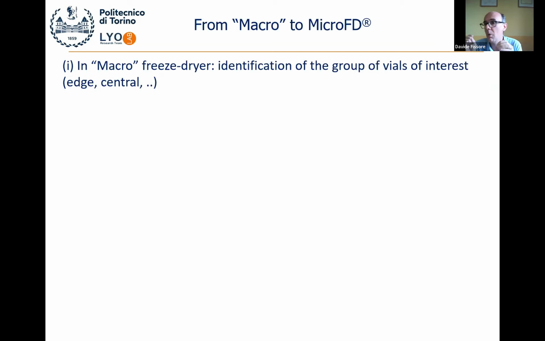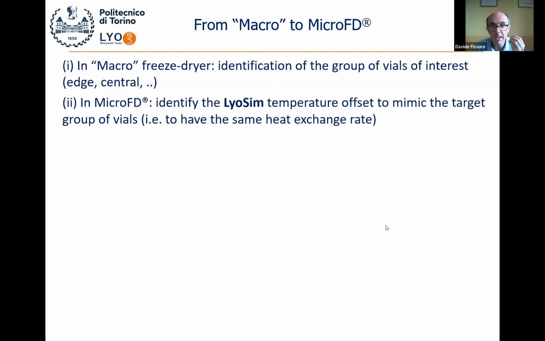It just needs water for injection, and no more than this. Then you move to MicroFD, the sense from macro to MicroFD. And in MicroFD, you need to identify which is the highest temperature offset to mimic the target group of vials to have the same heat exchange rate.